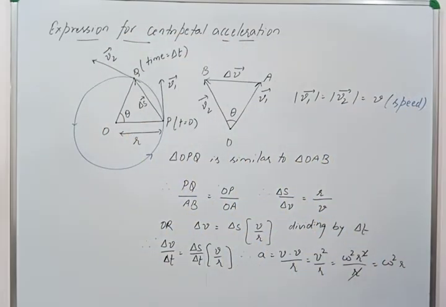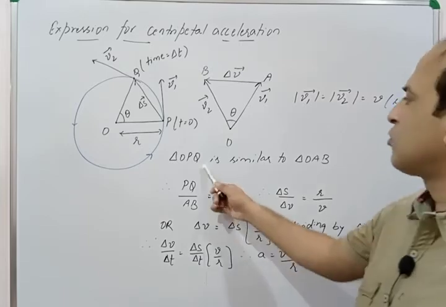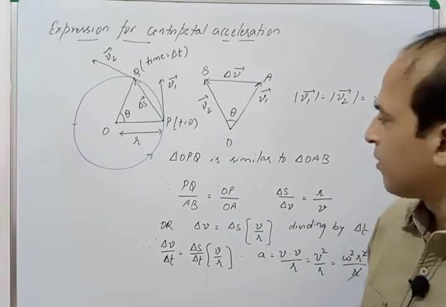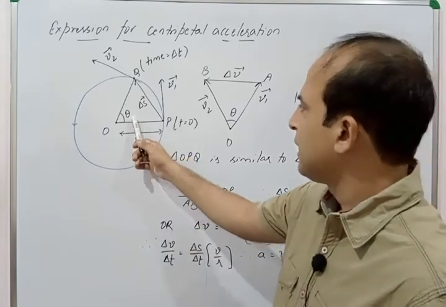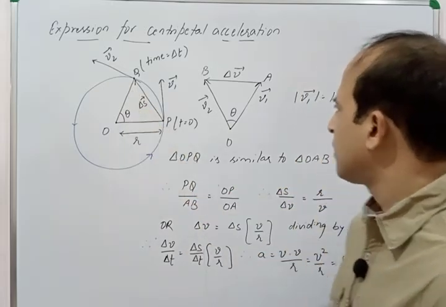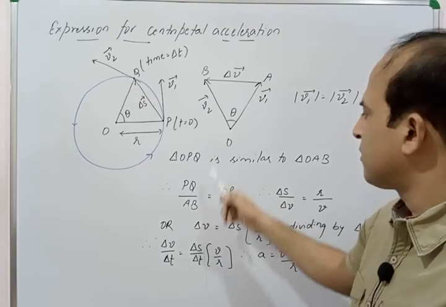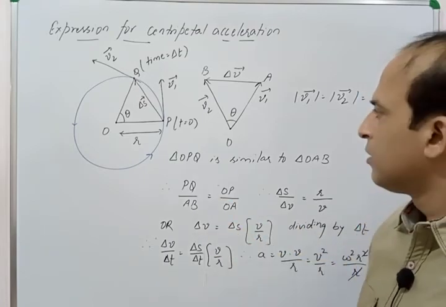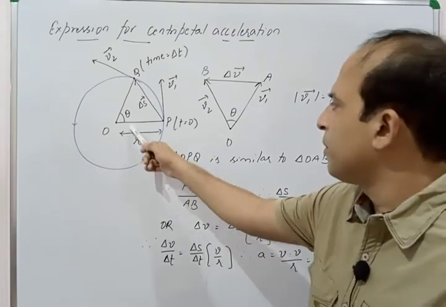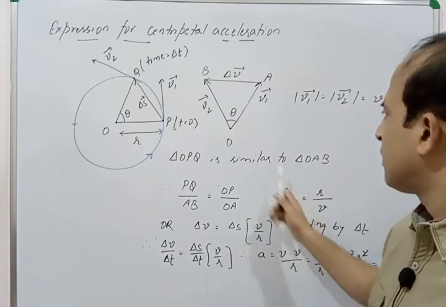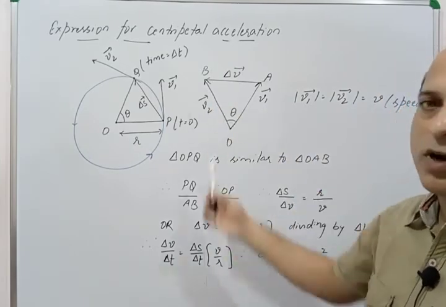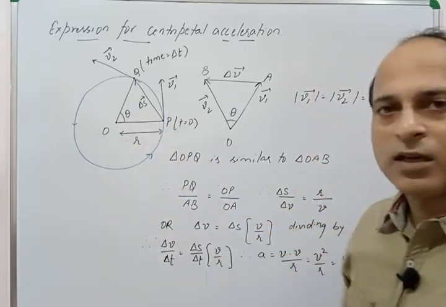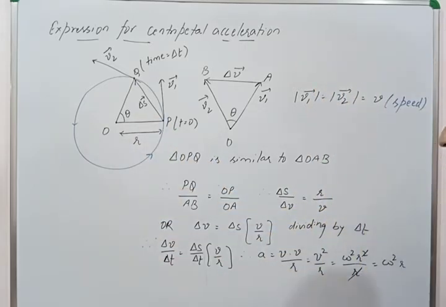Now, since these two triangles are similar, we'll take the proportion of the respective sides, theta के सामने PQ in the first triangle and theta के सामने AB in the second triangle. So PQ upon AB is equal to any other side, say OP, that is R, and the other side OA. आप OB भी ले सकते हैं corresponding और OQ भी ले सकते हैं. Things will remain the same.